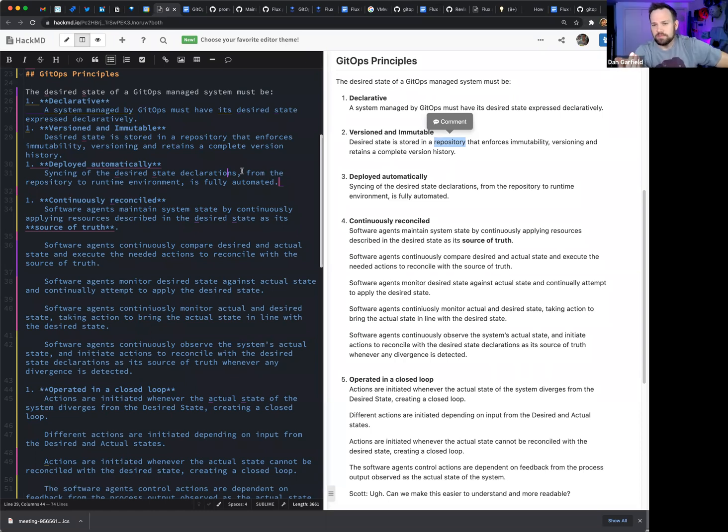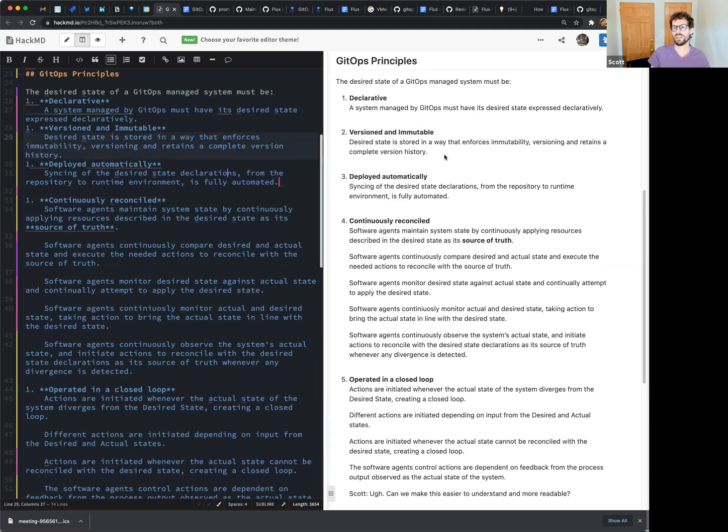Like ChartMuseum, it would be a repository. So that's very straightforward. It doesn't keep it out. Yeah. But repository has a connotation that I think would exclude Google Sheets. I don't care about Google Sheets. It's just keeping it as universal as possible, because as long as the requirement is versioned and immutable, not a repository, right?